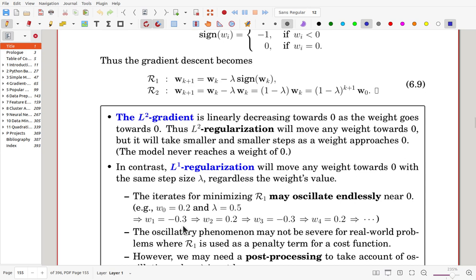And starting with minus 0.3, the next iterate will become 0.2, because now the sign is minus 1, so minus 0.3 minus 0.5 times minus 1 will be 0.2. So starting from 0.2, it becomes minus 0.3 in the next iterate, and again 0.2, and again minus 0.3. So it's endless oscillation.